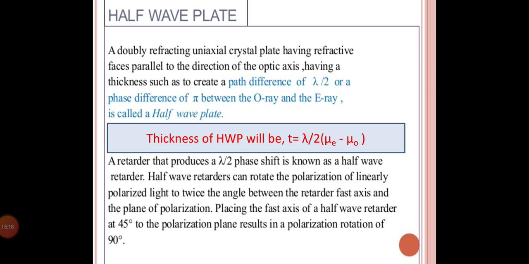In a similar way as in the quarter wave plate, the thickness of the half wave plate will be t equals lambda by 2(mu e minus mu o). This is the case for a positive crystal. For a negative crystal, we write mu o minus mu e in the denominator, because for the positive crystal the O ray travels faster, and for the negative crystal the E ray travels faster. So this was about the half wave plate.